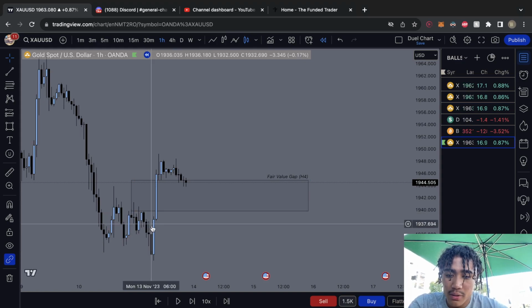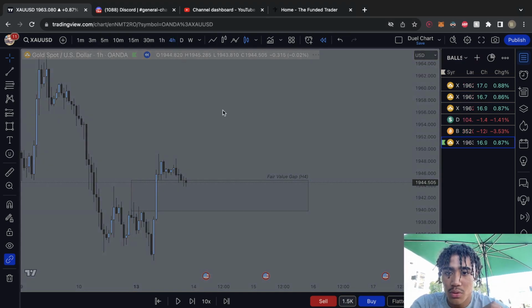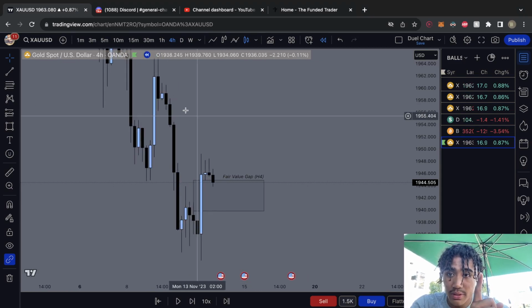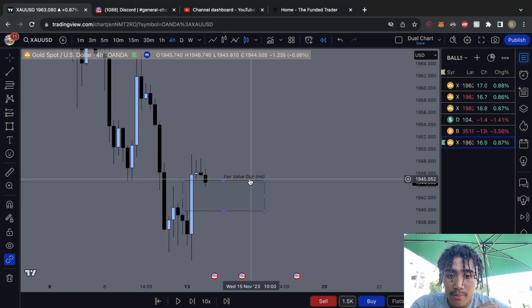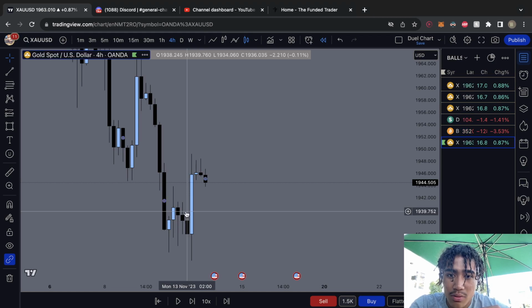When is a fair value gap created? Well, remember, a fair value gap is created when there's no contradicting orders residing within one candlestick. The fair value gap is typically plotted from the previous candle's high or wick. So right here, the high is 1939.9760.